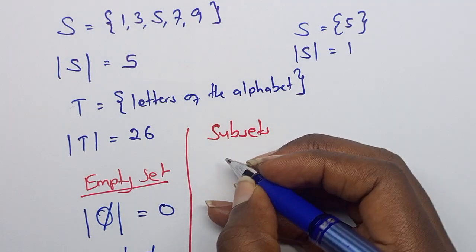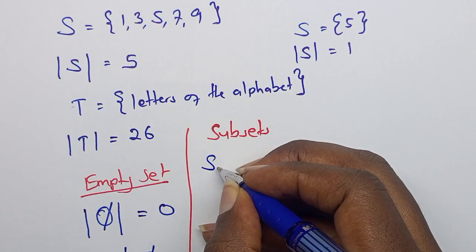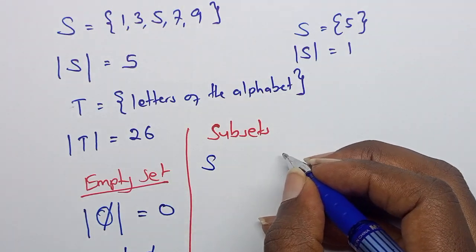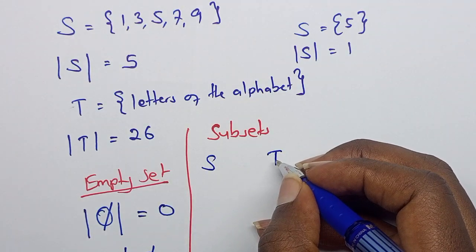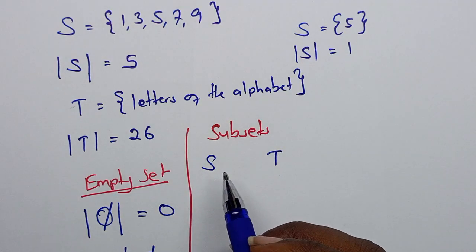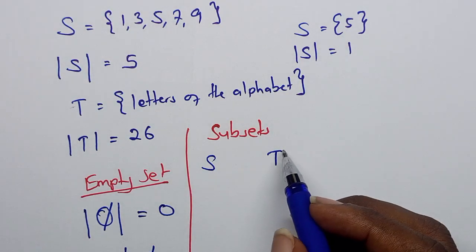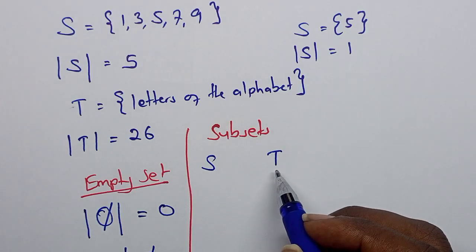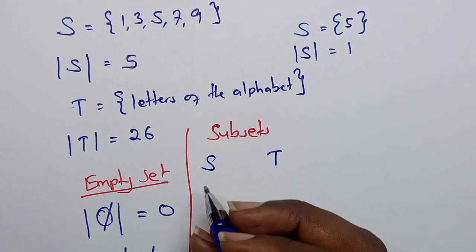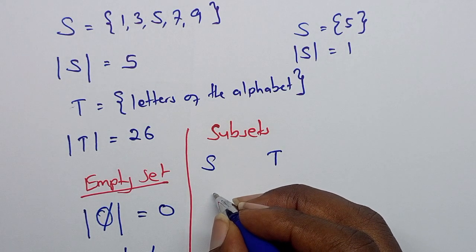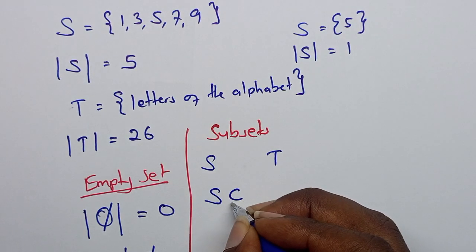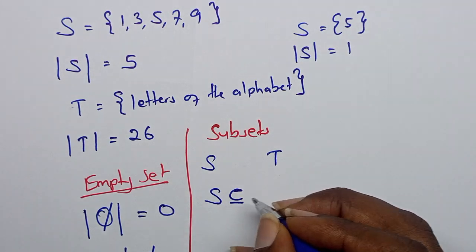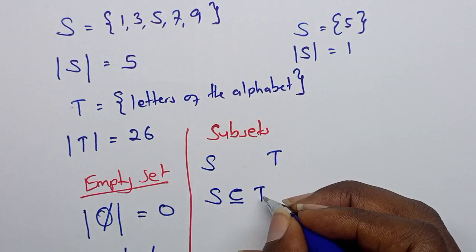Now a set, say S, is called a subset of set T if and only if every element of S is also an element of T. So this is written like this: S is a subset of T.